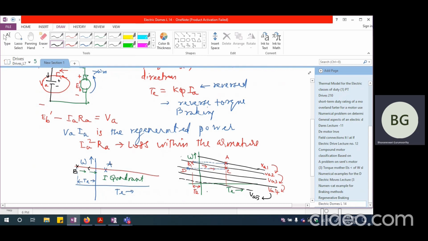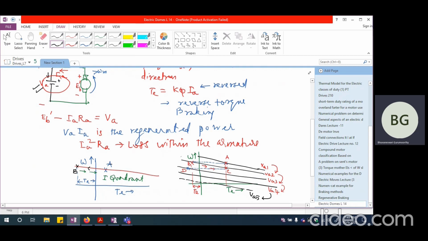So regenerative braking, the major advantage is that you are converting the kinetic energy into electrical energy and feeding it back to the mains or the battery. And that is essentially saving or conserving a lot of energy.